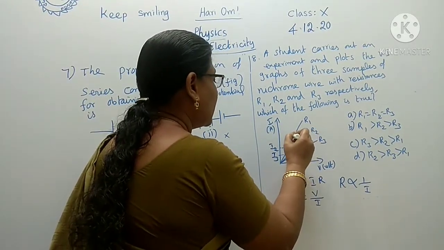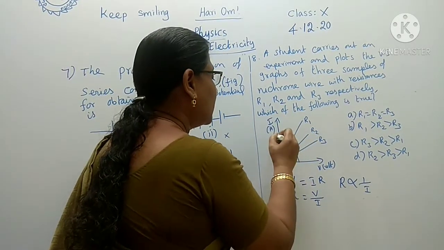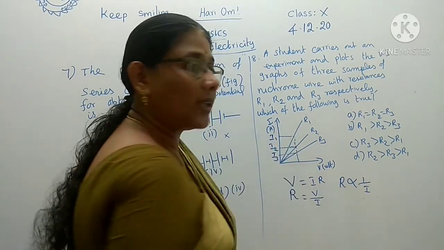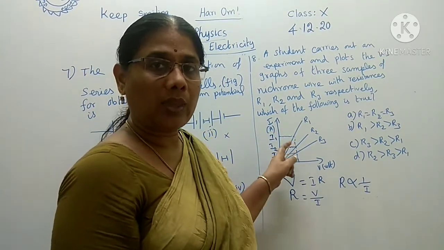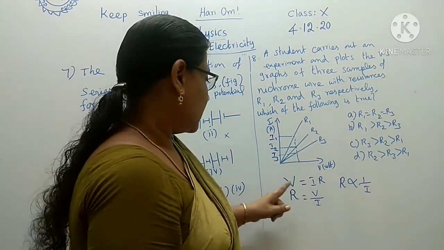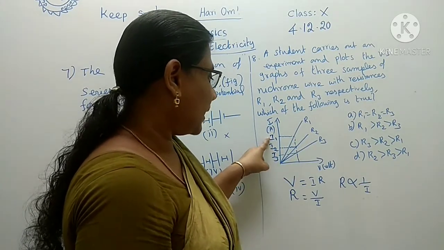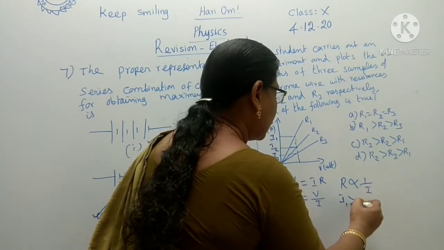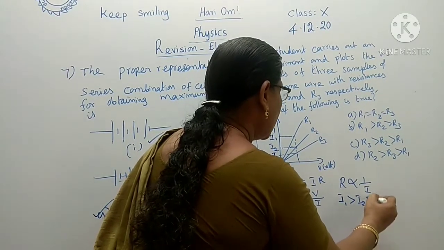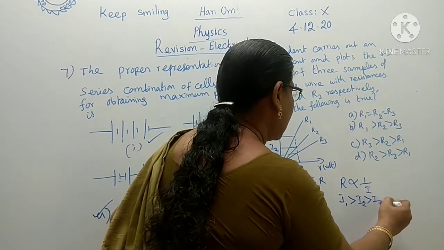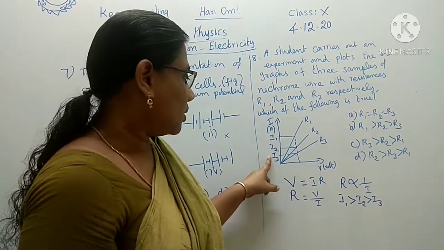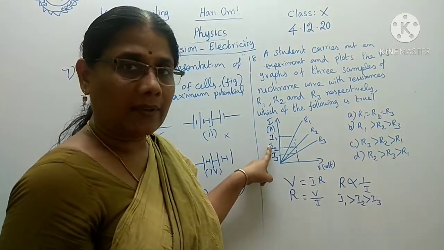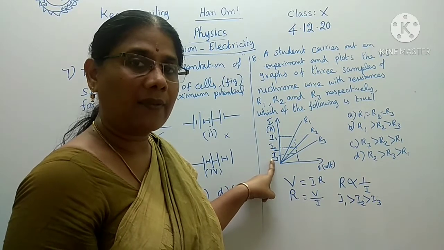Then here also we can draw the line and we will get this I1, the current flowing through the first resistor. So which one is greater here? I1 is greater than I2, and I2 is greater than I3.